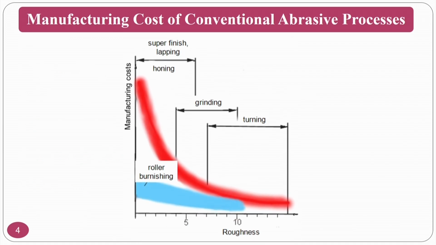As we have seen in this graph of roughness versus manufacturing cost, the processes lapping and honing we have completed. Now we proceed towards the super finishing process. These are the final processes that you do in the manufacturing of a certain component. The cost of this process goes up if your surface roughness requirement is very low.